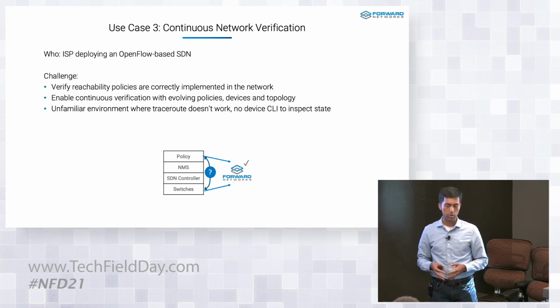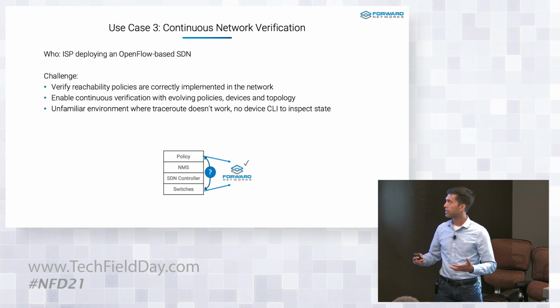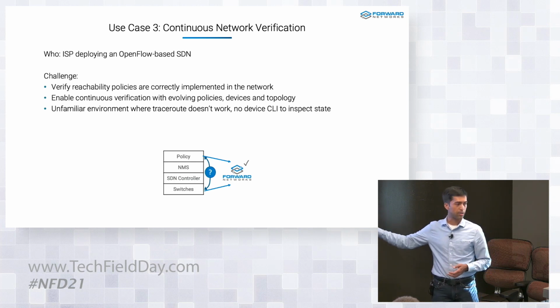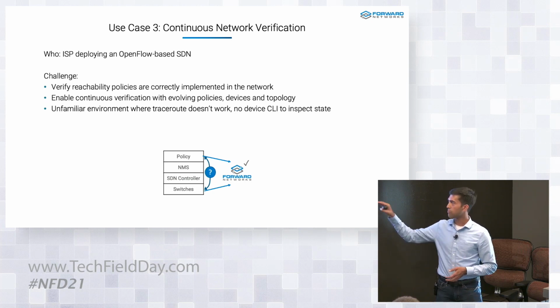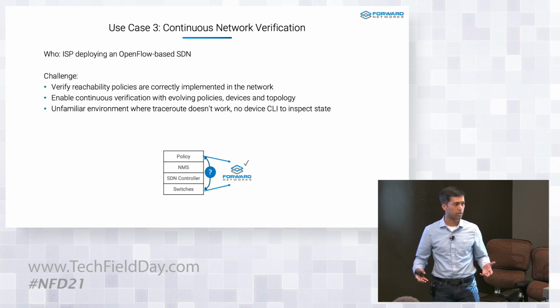They wanted to enable a continuous verification workflow where, through APIs, they can verify that the policy is being met, and if the policy is violated at any point of time, they get an immediate notification. This was an unfamiliar environment where traditional tools like traceroute just don't work. If you're using an OpenFlow network, you're operating at layer 2, where the white box uses OpenFlow rules to forward traffic.